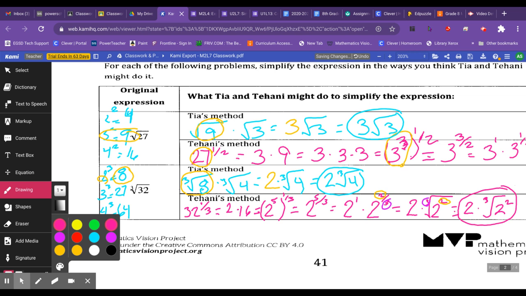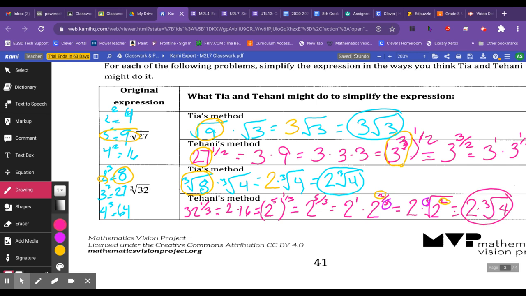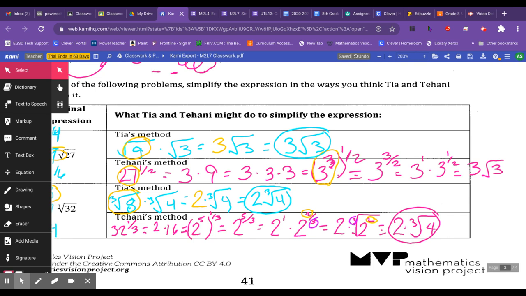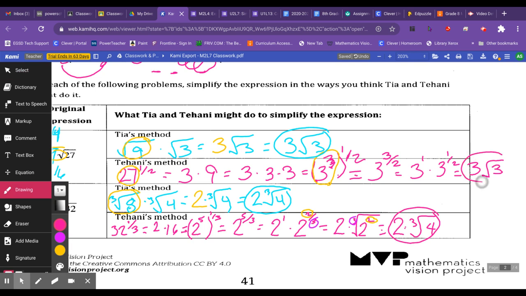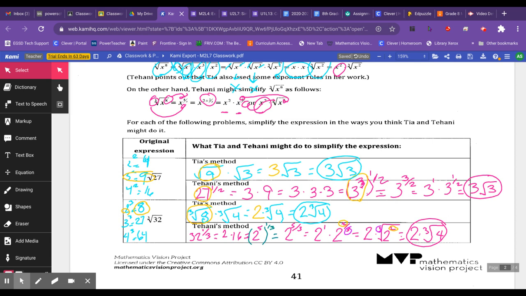Oh, wait a moment. We know what 2 squared is. 2 squared is 4. So it's 2 times the cubed root of 4. Now it matches Tia's up here. Go ahead and circle this one over here.